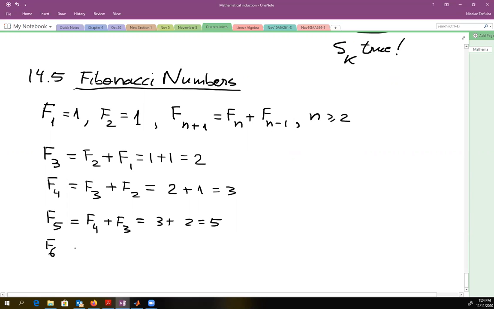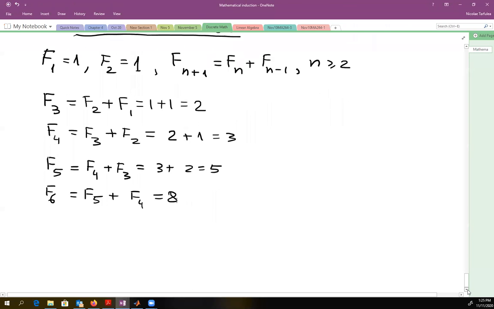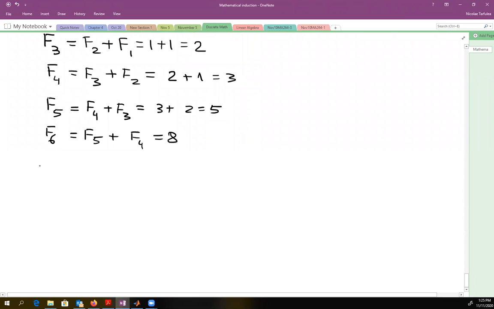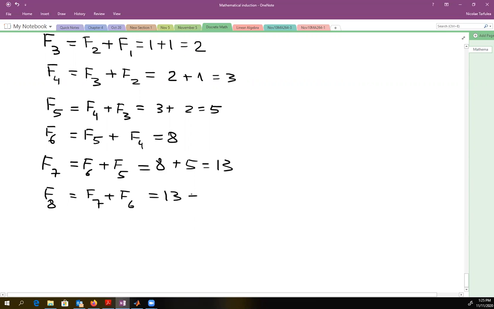Then F6 is F5 plus F4, and this is 8. Anyways, as you can see, the numbers start to grow, right? F7 is F6 plus F5, and this is 8 plus 5, which is 13. So the numbers start growing really fast after that. The next is 13 plus 8 is 21, and so on.